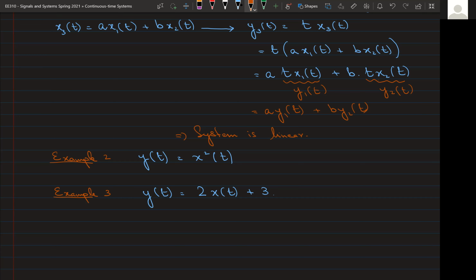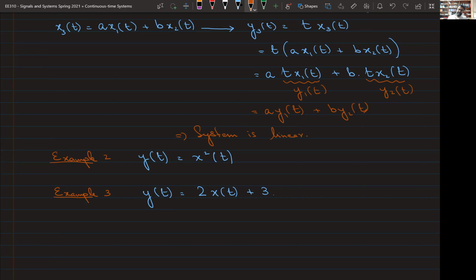Stable. Okay. And is this system memoryless or with memory? Memoryless. Is this system causal? The answer is yes, because it only depends on the present. Is this system time variant or invariant? I'll let you verify that.